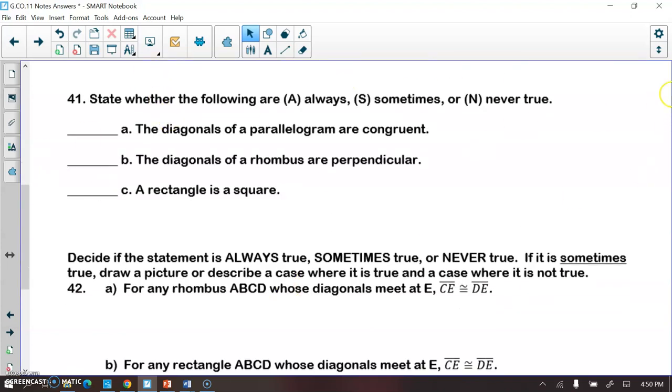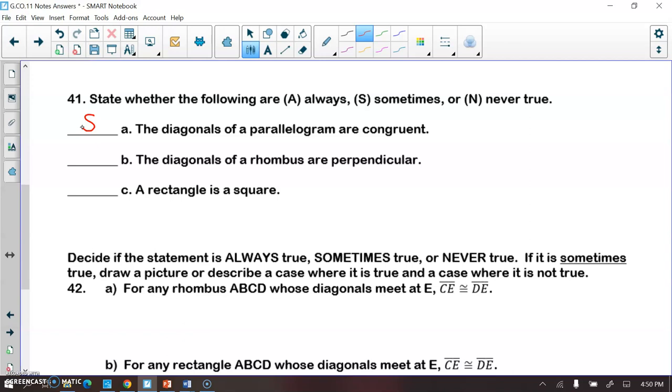But we're going to answer the following questions. The diagonals of a parallelogram are congruent. Now this only happens when we're talking about rectangles and squares. So the answer here would be sometimes, because a rhombus is a parallelogram, but the diagonals are not necessarily congruent.